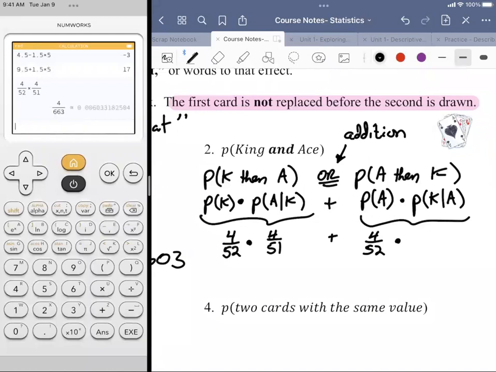I got the ace, threw it away. There's still the 4 kings, but now only 51 cards. So it's the same set of computations, just we're going to have to add them together. So 16 over 2652 plus another 16 over 2652 is going to give you 32 over 2652.